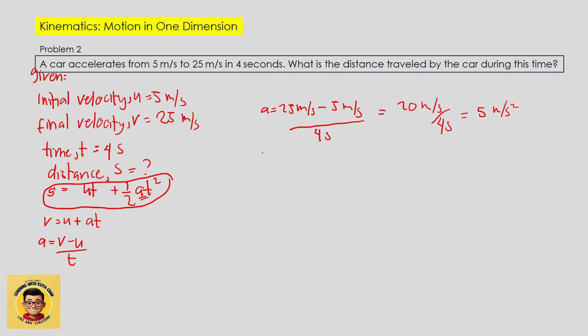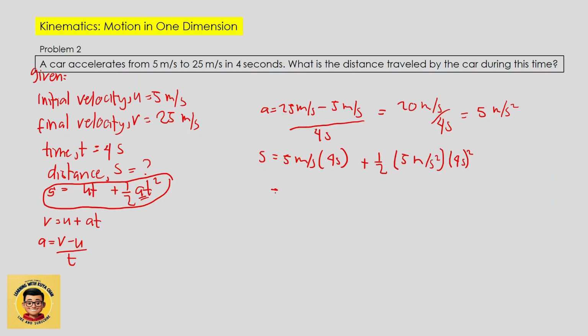So that will give us s is equal to our u, which is 5 meter per second, times t, 4 seconds, plus 1 half our a, which is given by 5 meter per second squared, multiplied by t squared, which is 4 seconds squared.